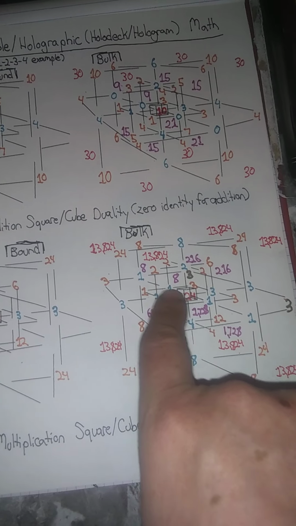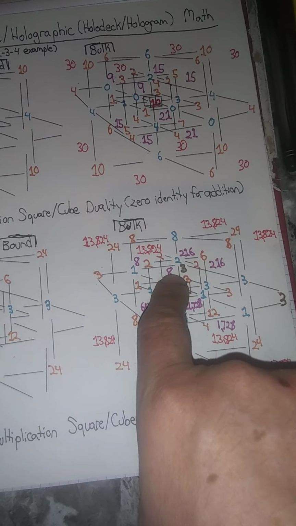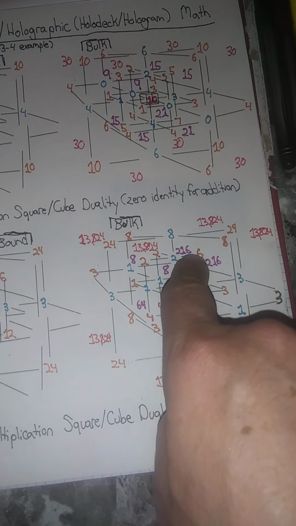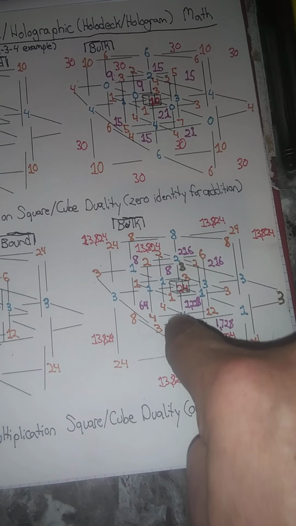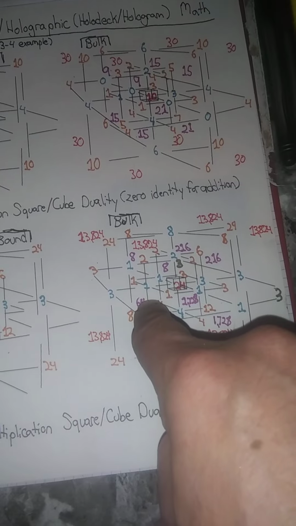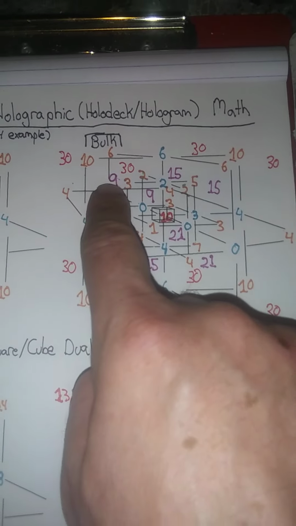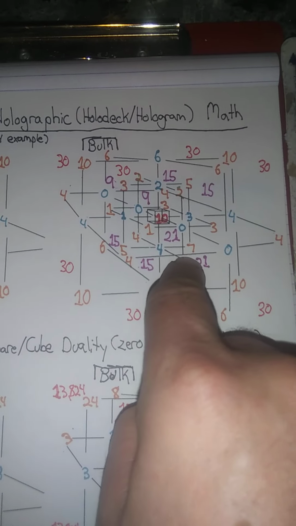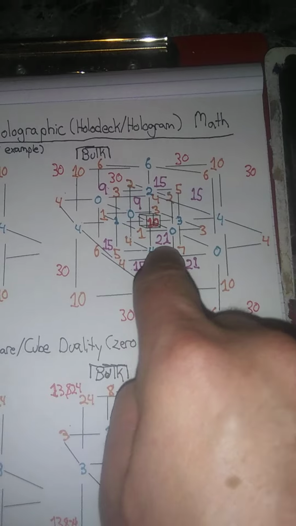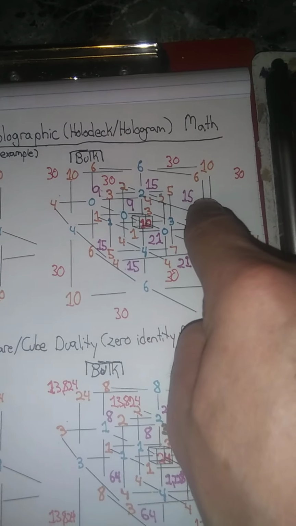from 8 over here to 1728 over here, from 8 in the front to 1728 in the back, from 216 back here to 64 up here. They both have equal preferred angles of incidence, 9, 21, 9, 21, 15, 15, and 15, 15.